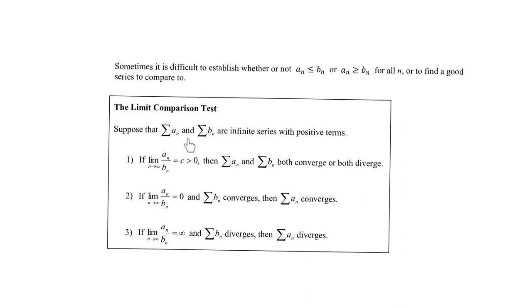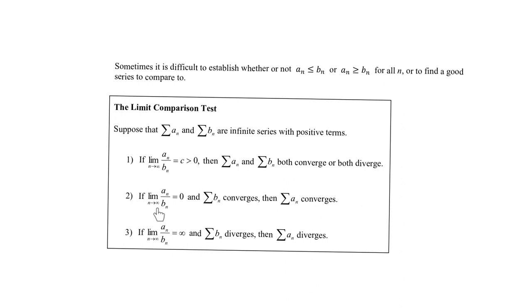So suppose we've got a couple series here and they have positive terms. Well, if the limit of a sub n over b sub n is equal to some number greater than 0, then both of these are going to converge or diverge. So what will typically happen is we'll be interested in maybe a sub n, but we know something about b sub n. So then we can do a limit comparison test.